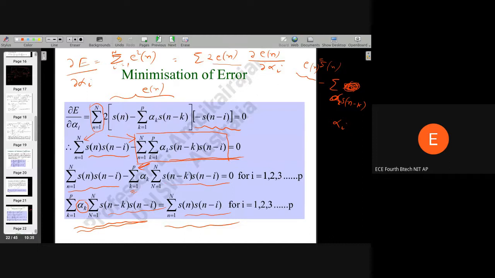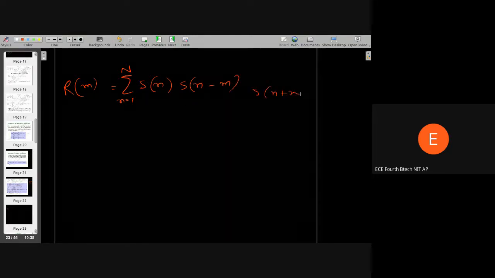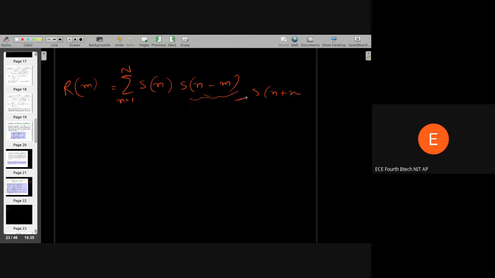we talked about the autocorrelation function. What is the autocorrelation function? Whatever is the length of your signal, the length of the speech frame, s of n minus m or s of n plus m does not matter, you can put anything, because R of m equals R of minus m.